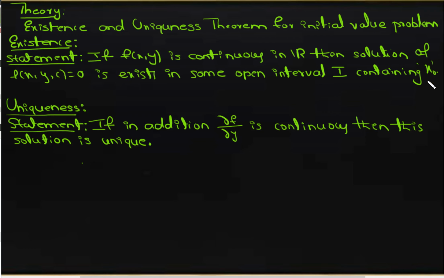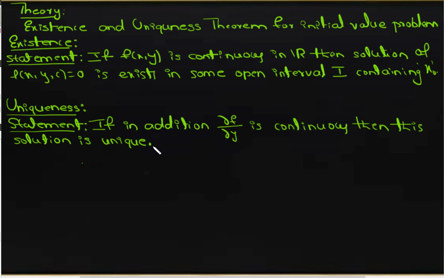If a given function is continuous in R, then a solution exists in some interval I at the point x naught. And for uniqueness, the statement is like this: if in addition dou f by dou y, that is, the partial derivative of that given function with respect to y, is continuous, then this solution is unique. Otherwise, it has more than one solution.